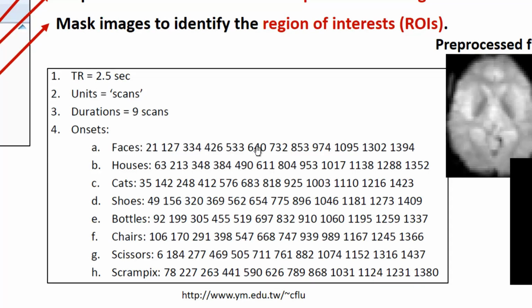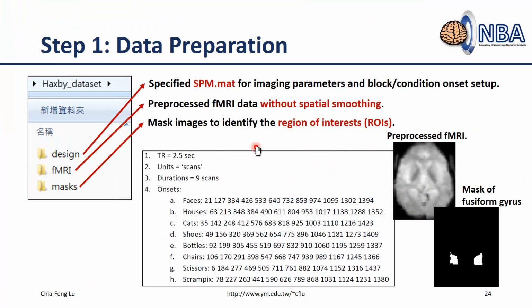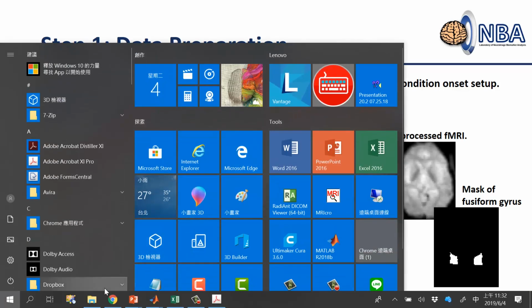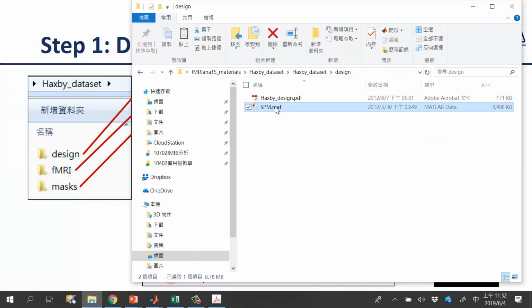So if you want to use your own data set, definitely you need to know the onsets, durations, or something else. And you can also find another file, the SPM.mat file. This is the file you need to construct using SPM12. Within SPM, as we have introduced, you can do the design matrix, or you can specify the first level model.